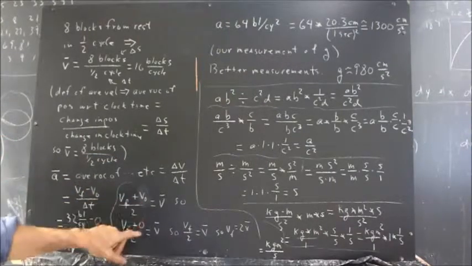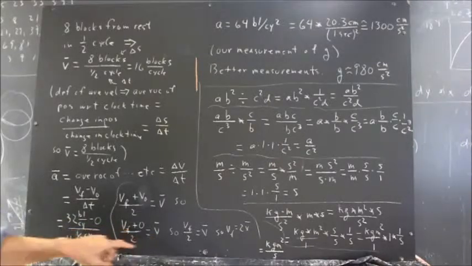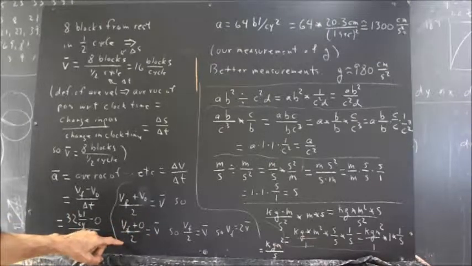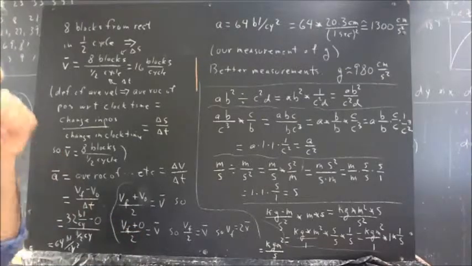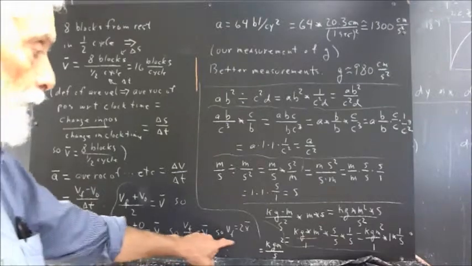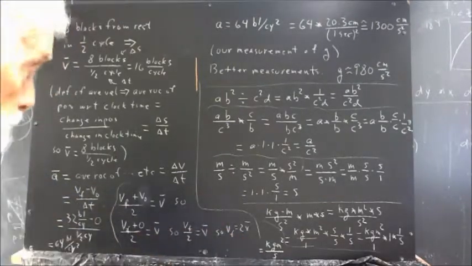Now, the initial velocity being 0, this just says that the average velocity is the final velocity over 2. So in this case, where the initial velocity was 0, we have this, and therefore multiplying by 2, the final velocity is double the average velocity.